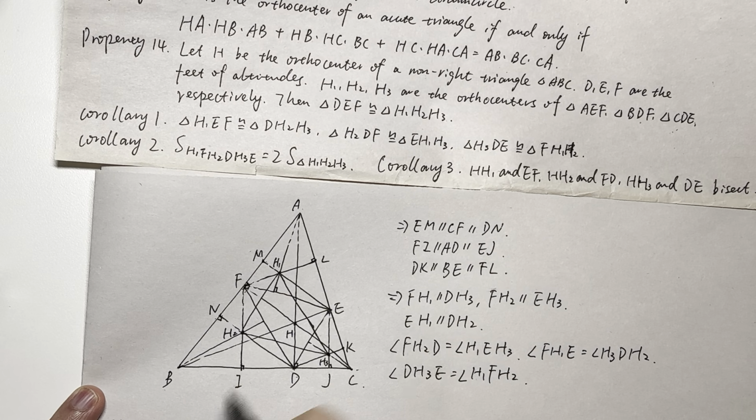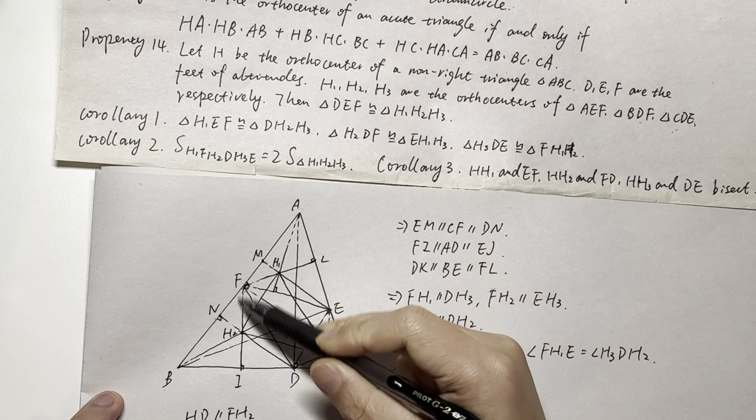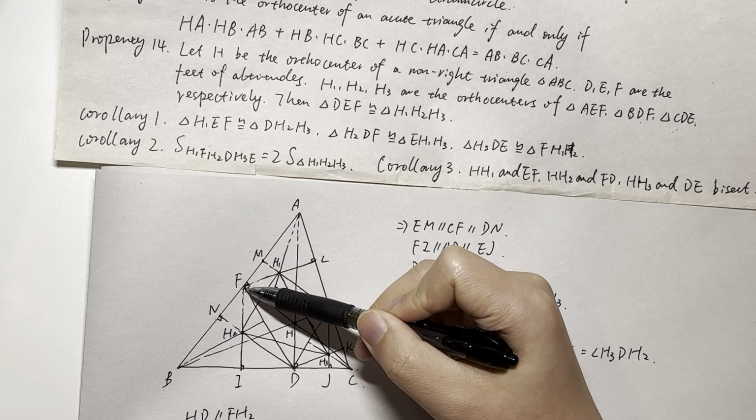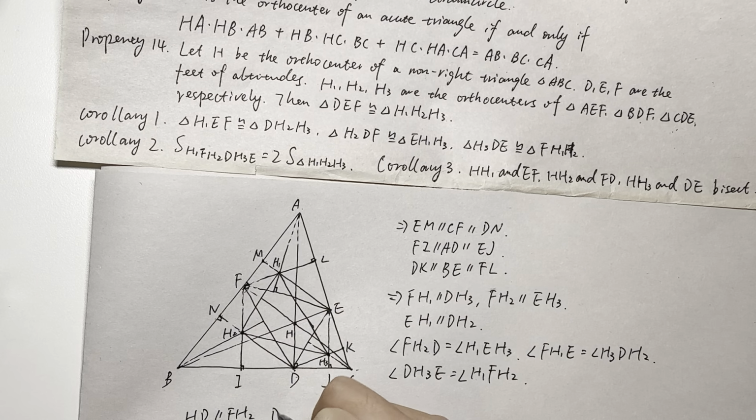So here, HD is parallel with FH2, right? And also DH2 is parallel with HF.